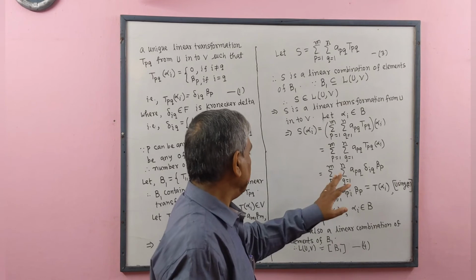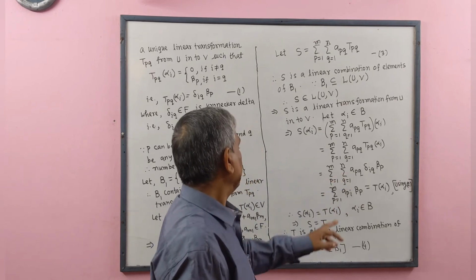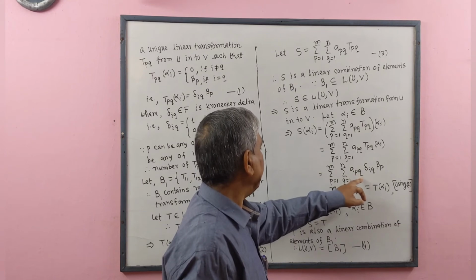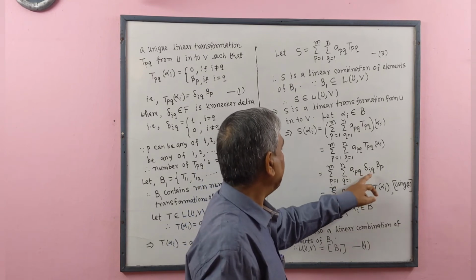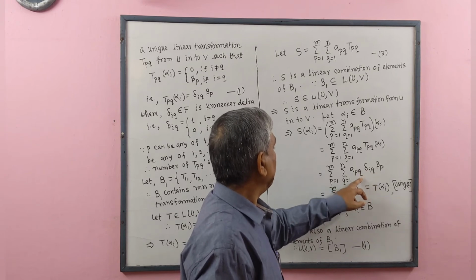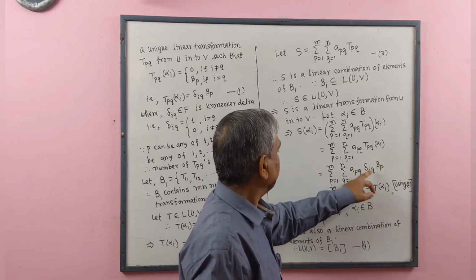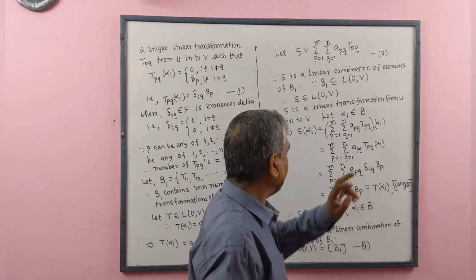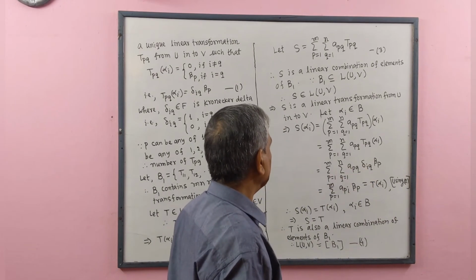Now we take Q equal to 1 to N. When Q equal to I, this will be delta II and it will be equal to 1, otherwise 0.